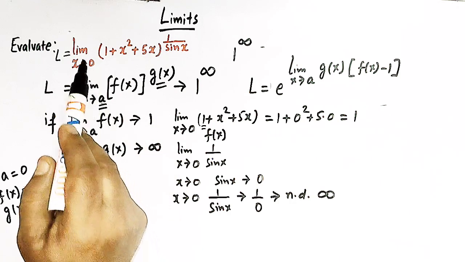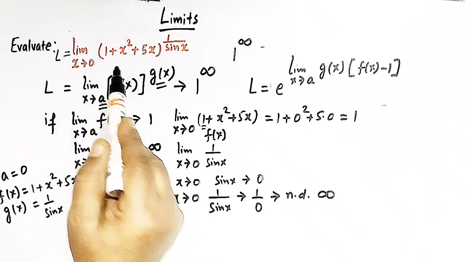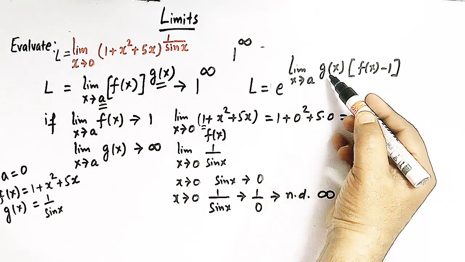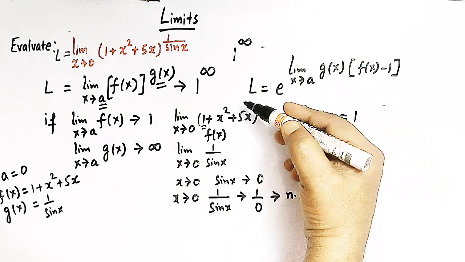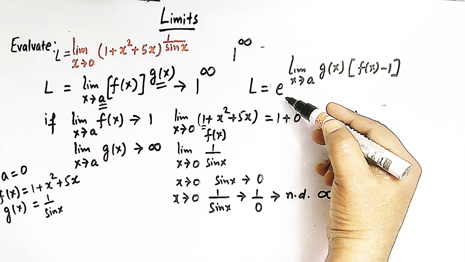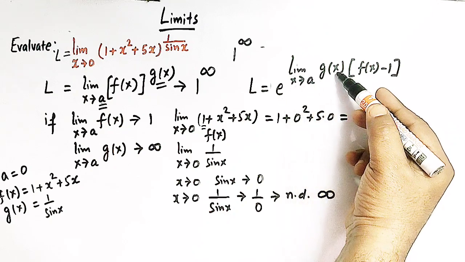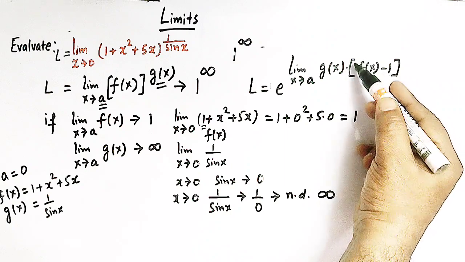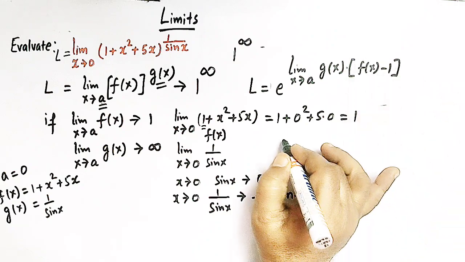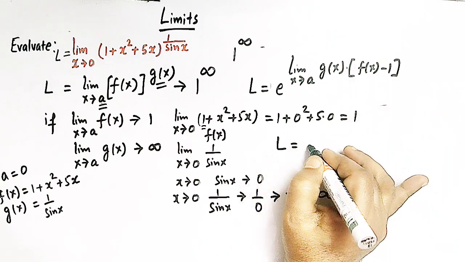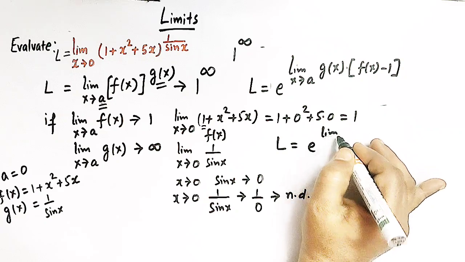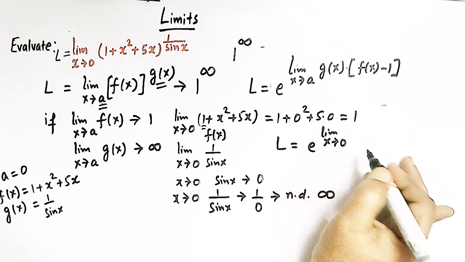So now the value of this limit can be obtained by using this result, that is L is equal to exponential, that is e raised to limit x tends to a, g of x times f of x minus 1. So we can now write L is equal to e raised to limit x tends to 0.